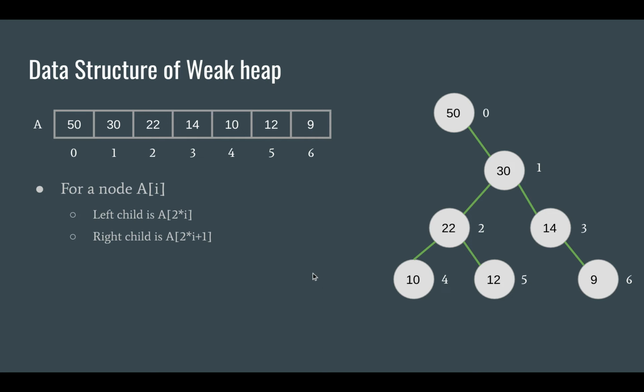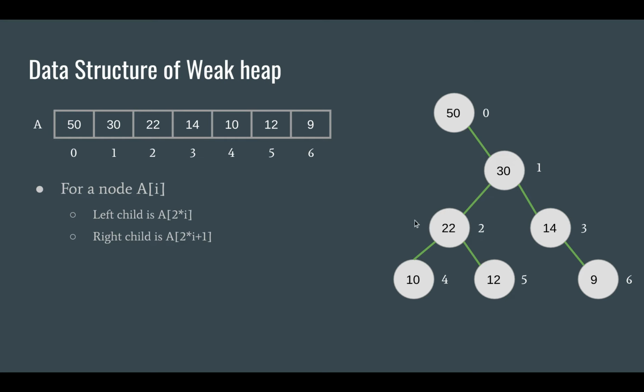Here, to find the children of a particular node, we follow these two rules. For a particular node a of i, the left child will be a of 2i, and the right child will be a of 2i plus 1. For example, for index 1, the left child will be 2 into 1, which is 2.